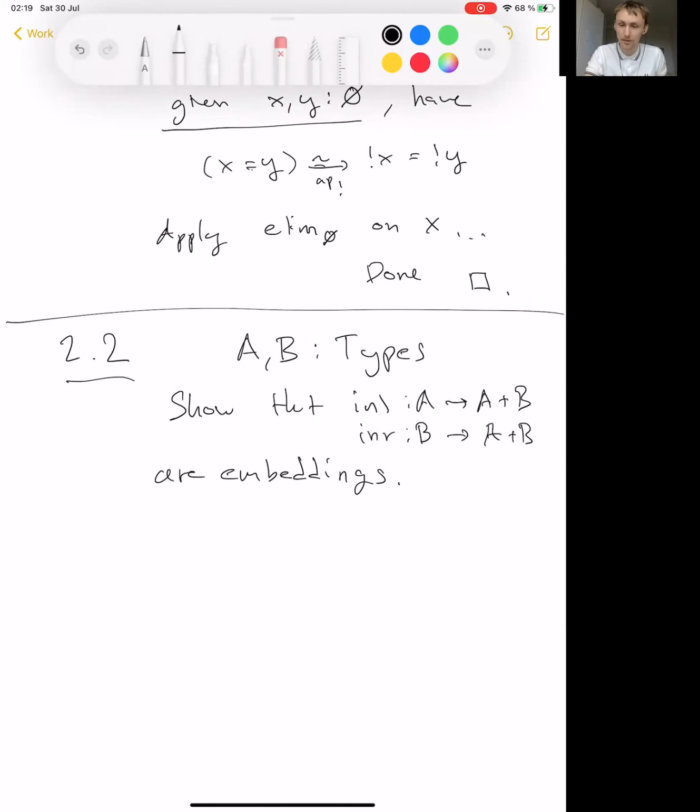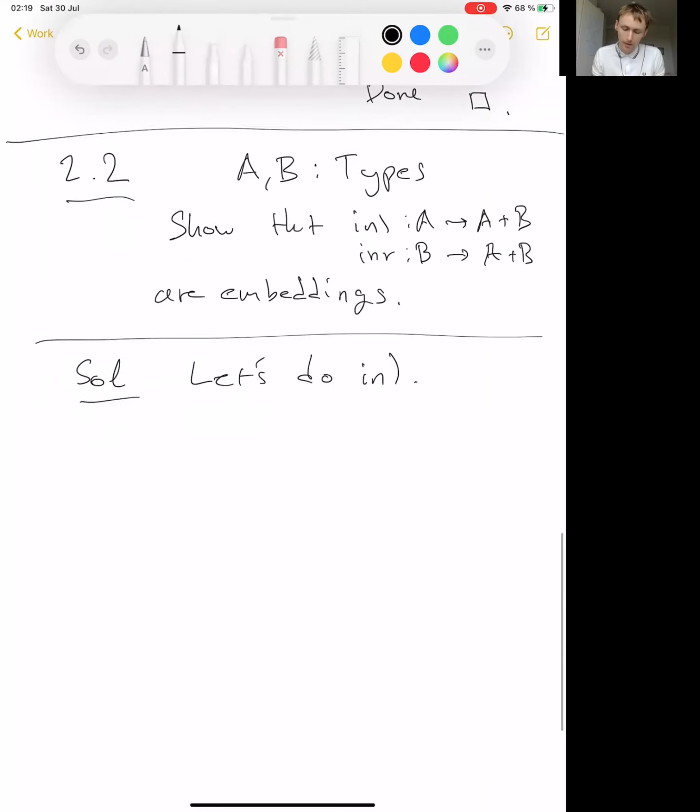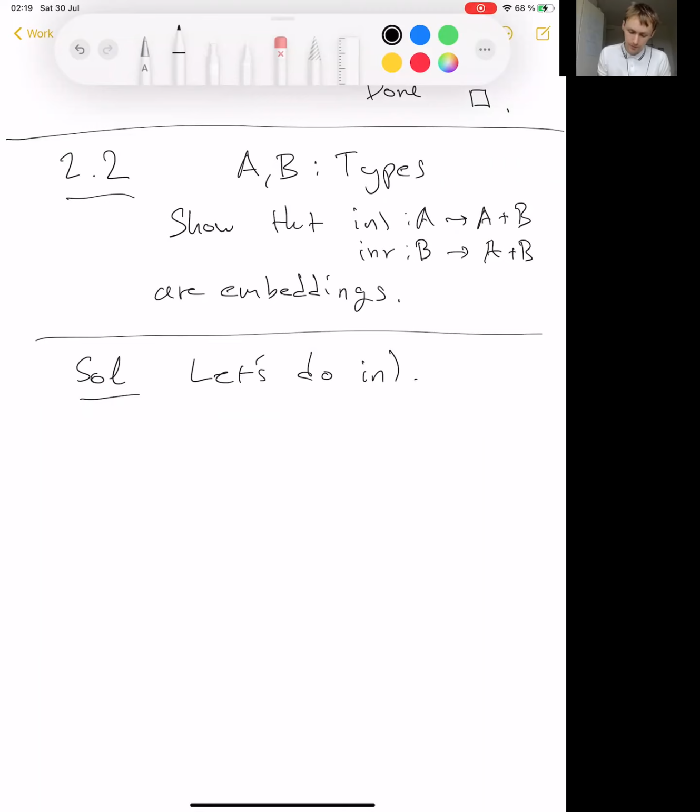Okay, so how do we do this? Well, solution. Let's do in left. So the proof for in right will be identical. Okay. So what do we need?